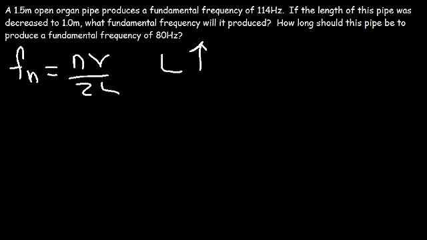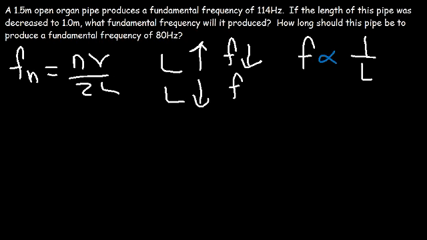If you increase L, the frequency will decrease. F is inversely related to L. So if you double the length of the organ pipe, the frequency will be half of its original value. If you decrease L, F will increase. Since we decreased it to 1, we should expect a frequency that's higher than 114.